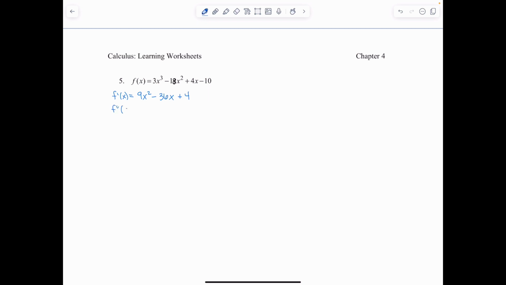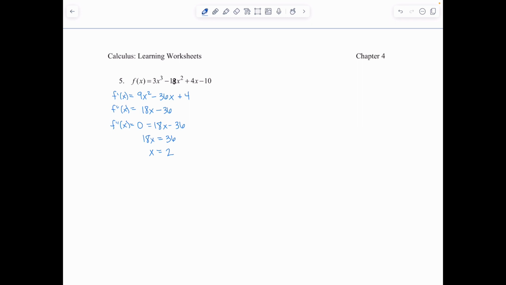Our second derivative, 18x minus 36. Now we set our second derivative equal to 0. So 18x equals 36, x equals 2.